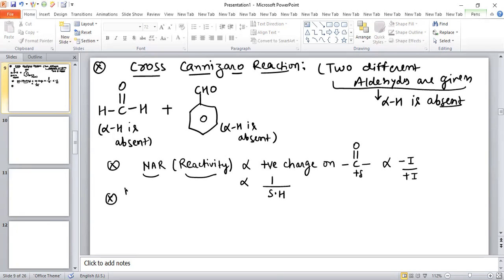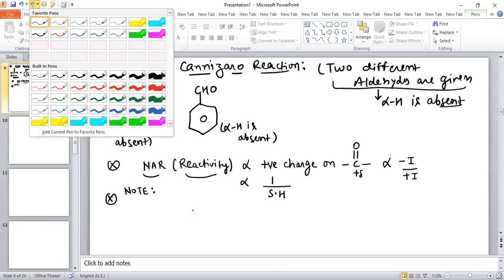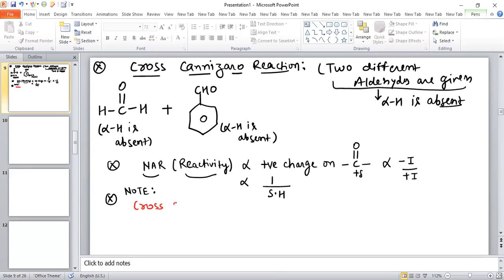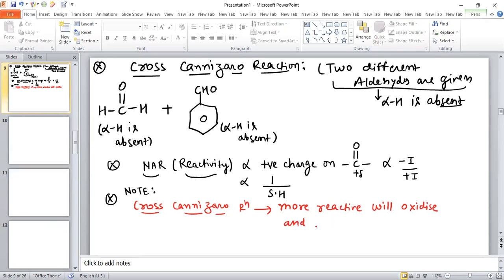Now note, in the cross Cannizzaro reaction, the more reactive compound will oxidize and the less reactive compound will reduce.